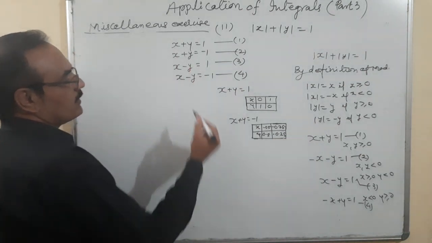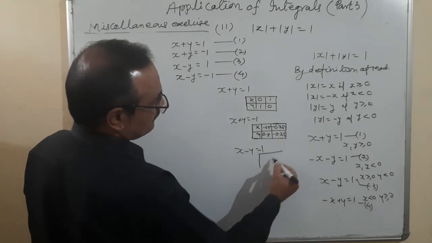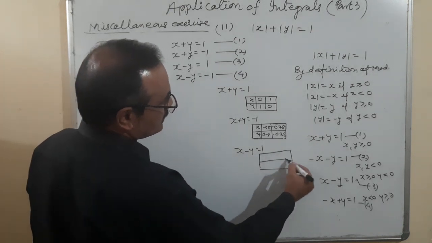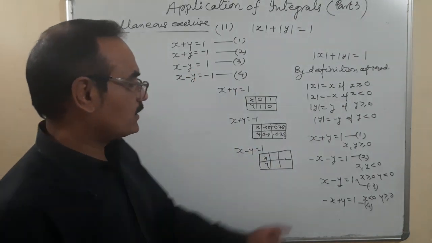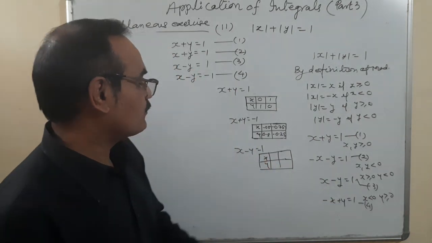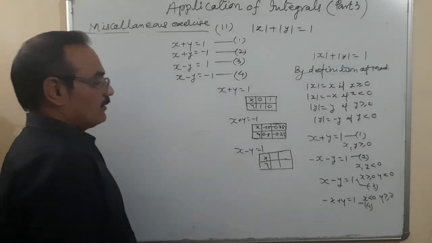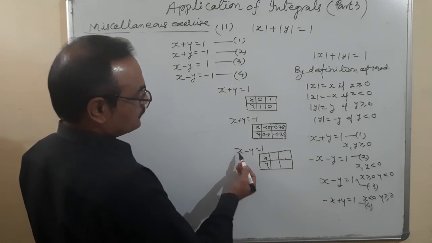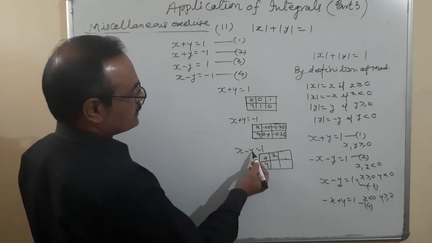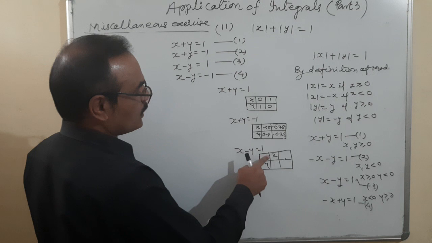After that, x minus y is equal to 1. What is this condition? Here x is greater than 0 and y is less than 0. So x I can put here 2, then if I put x is equal to 2, then y is equal to 1. It is positive.